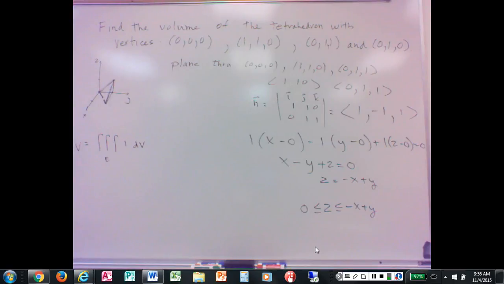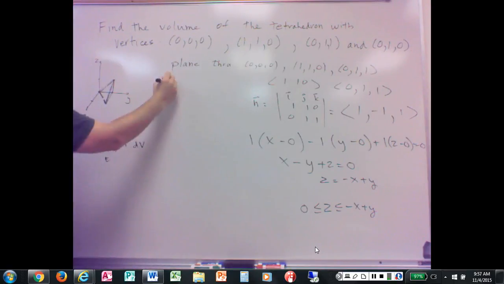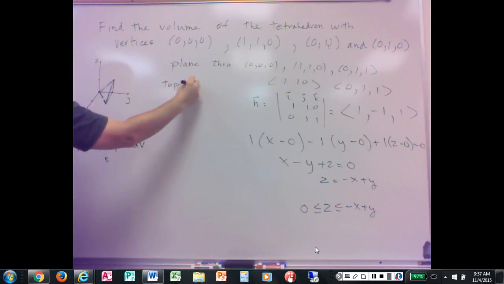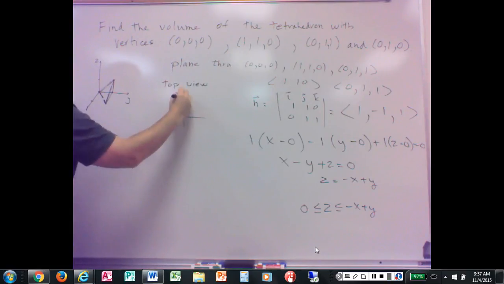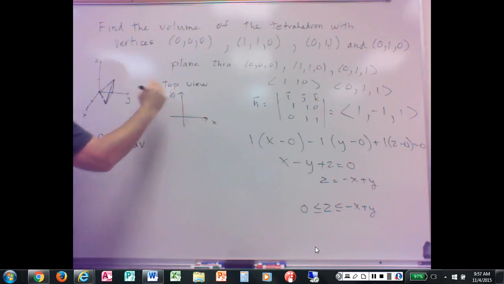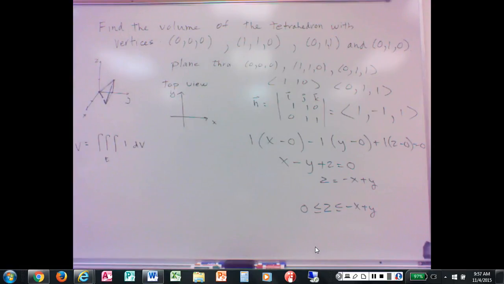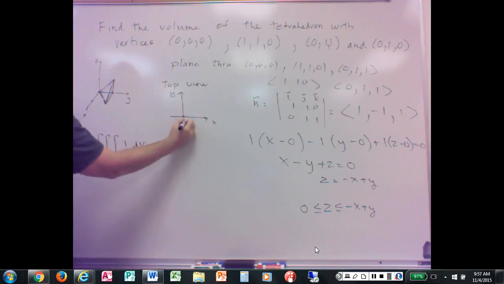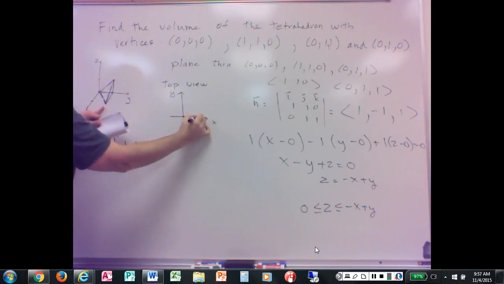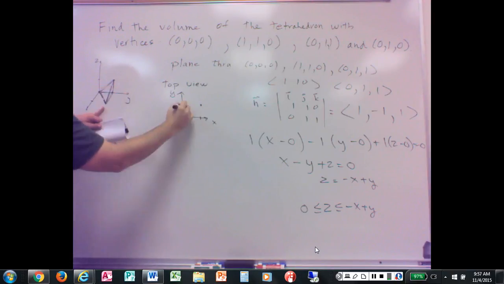All right. Now for our x and y limits, if we look at this just from the top view, it's this triangle right here: (0, 0), (1, 1), and (1, 0).